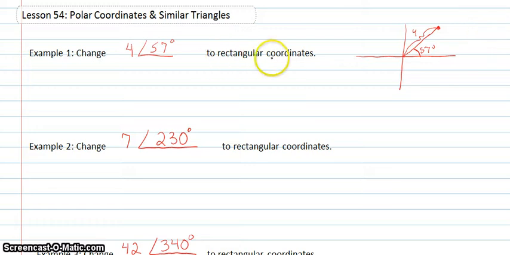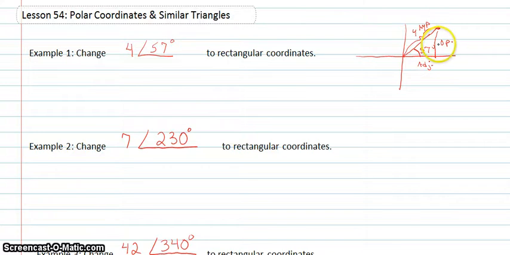To make that into rectangular coordinates, you can think about that being in a triangle, and this would be our opposite side, and this would be our adjacent side, and then this would be the hypotenuse.